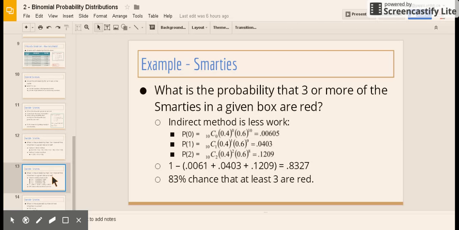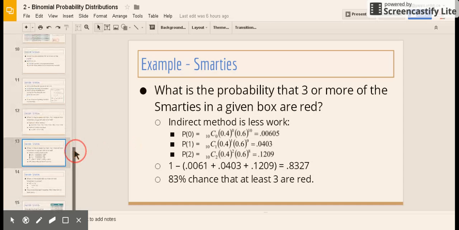The indirect method is less work, so we'll do it that way. Probability of getting 0 red Smarties is almost 0, 0.006. Probability of getting 1, probability of getting 2. We're going to subtract those from 1, so we get an 83% chance of getting at least 3 red Smarties.